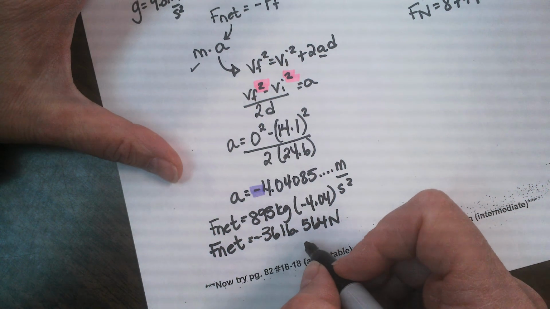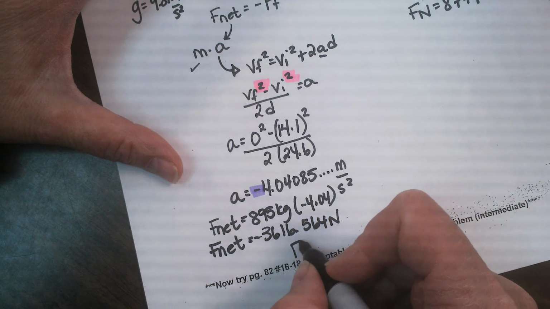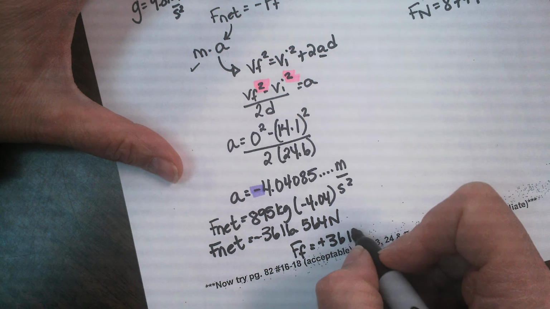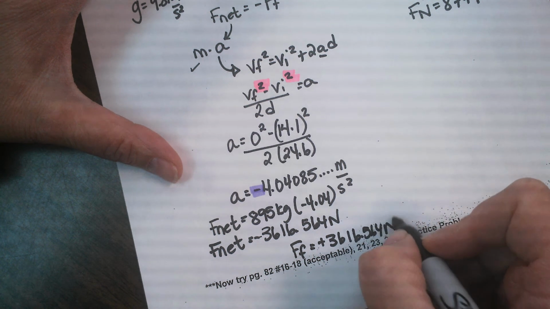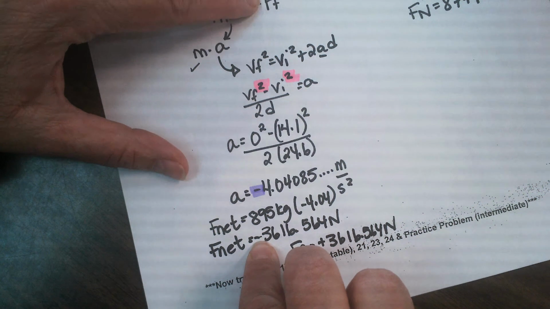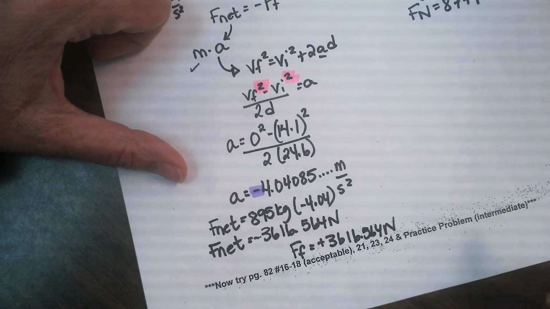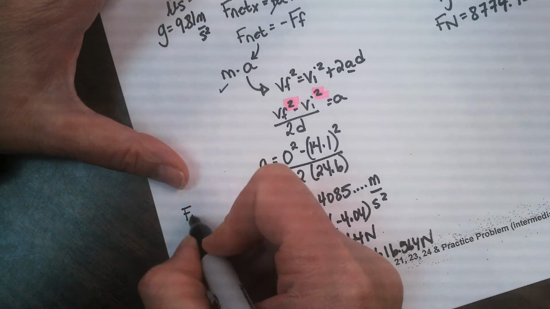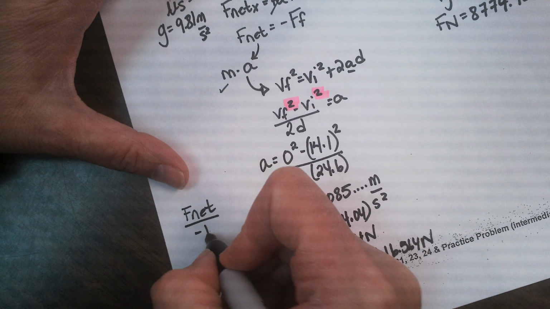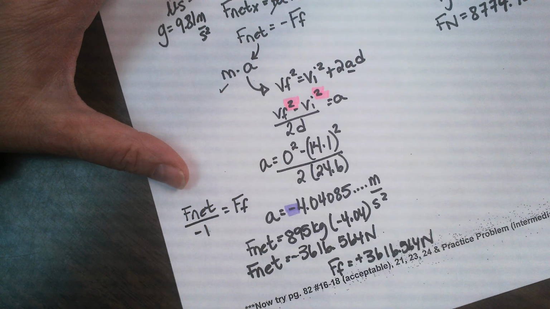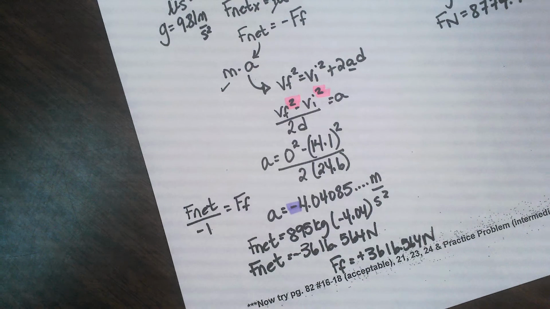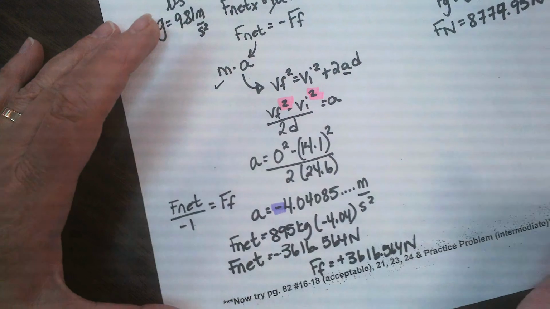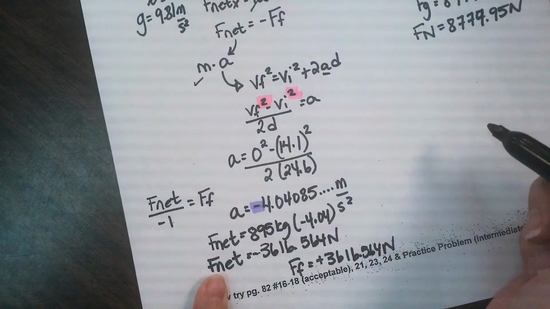So force of friction then must be equal to 3616.564 newtons, right? A negative times a negative is equal to a positive, or actually, I would have force net divided by -1 is equal to force of friction. I just pulled the negative out. Either way, a negative divided by a negative is still a positive. So there's my force net.